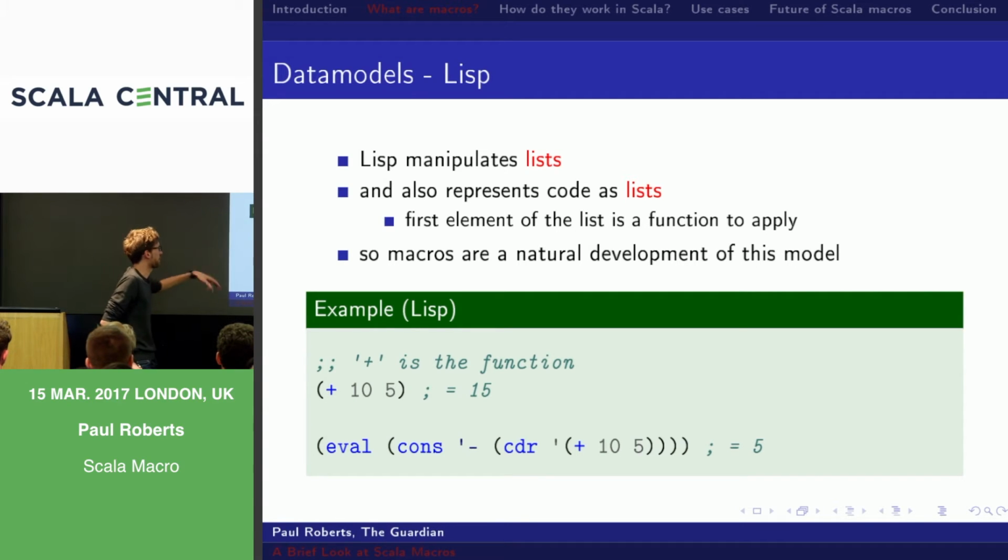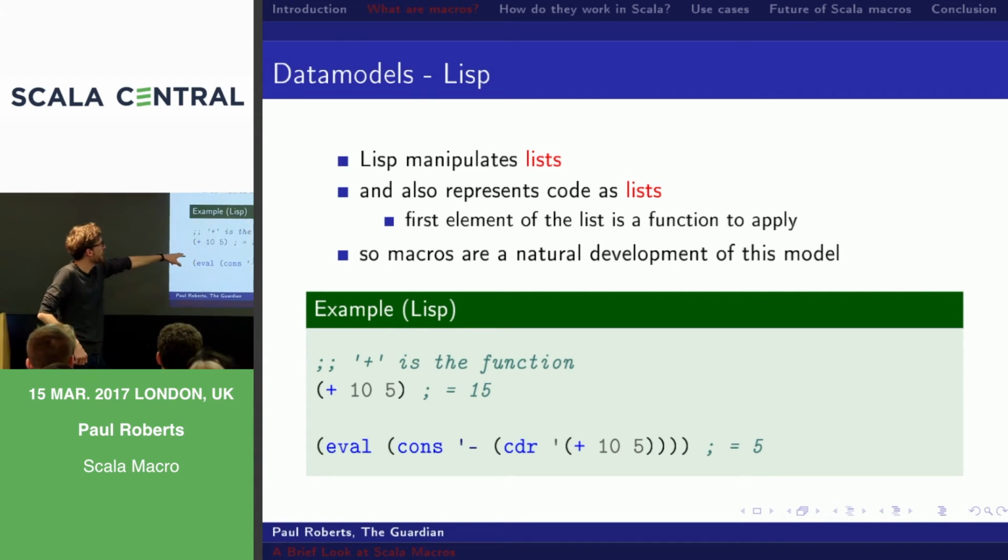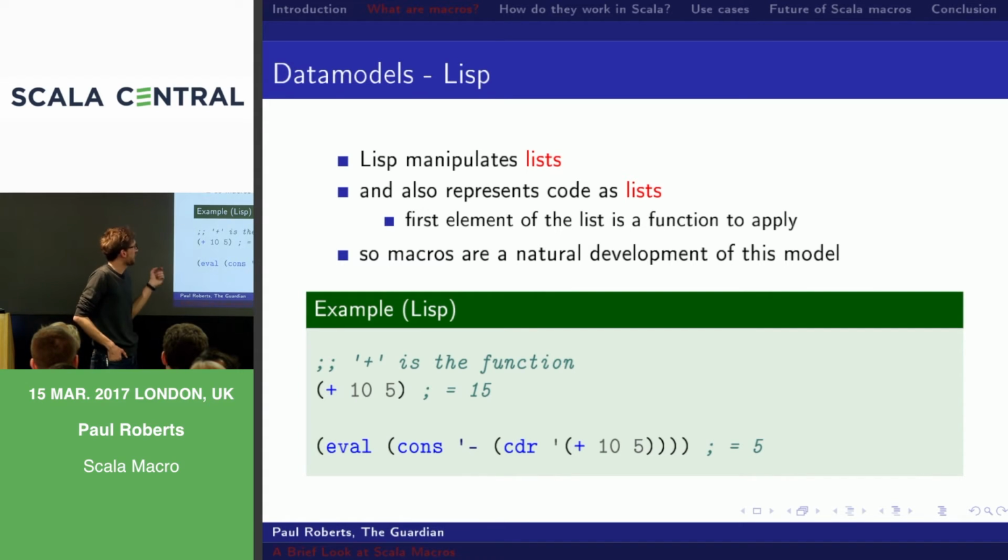I just have a really quick example here. This is an expression in Lisp. It is a list, and the rule for evaluating Lisp is that the first element of the list defines a function and the rest of the elements define the arguments.